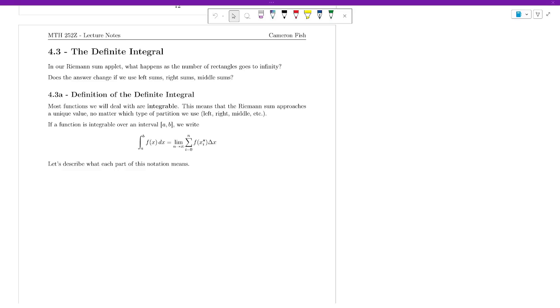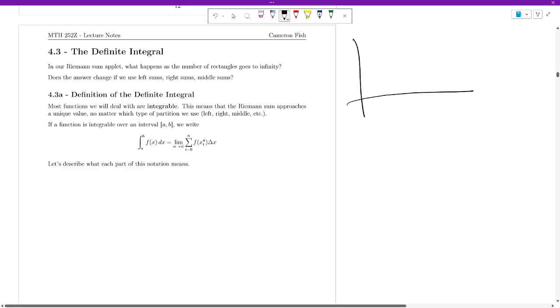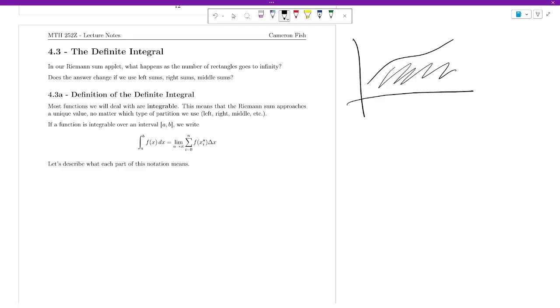So let's remember what we were doing with Riemann sums. We were starting with a function, maybe something that looks like this, and we were approximating the area under the function. So the function starts here at some point a, and it goes all the way to this x value b, and I can imagine shading in exactly the area between a and b under the function.